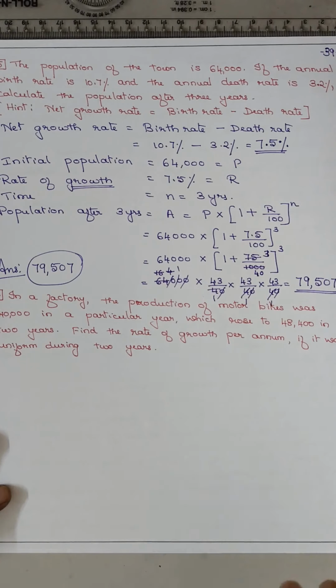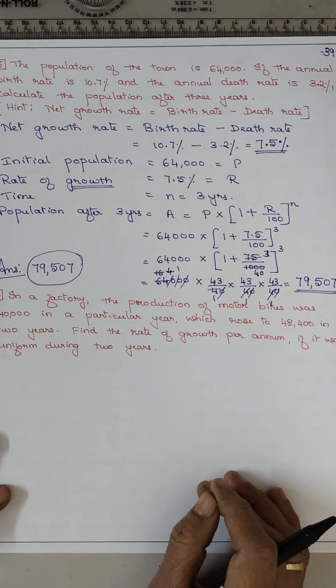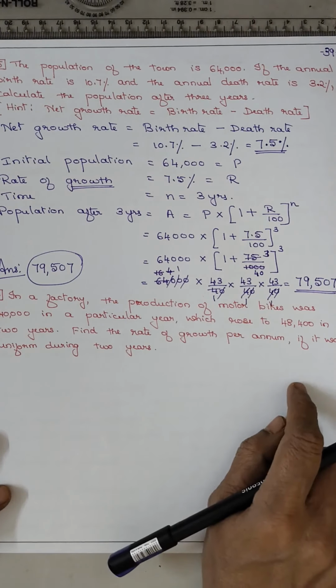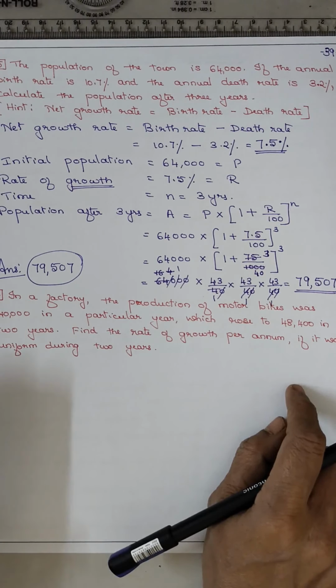Find the rate of growth. So R, find out if it was uniform during the 2 years. मतलब सेम टू सेम है दोनों साल में. सो R1 R2 नहीं आएगा, डायरेक्टली R.